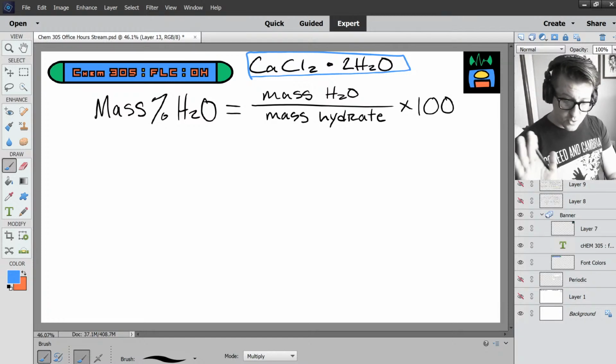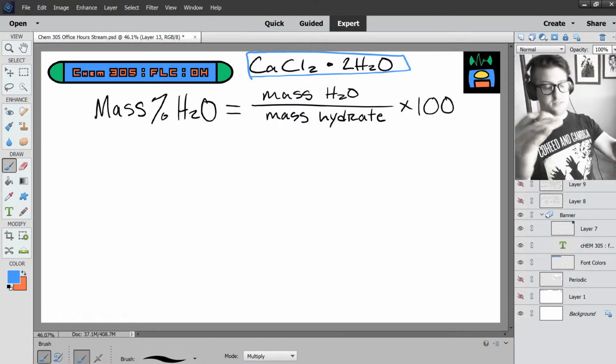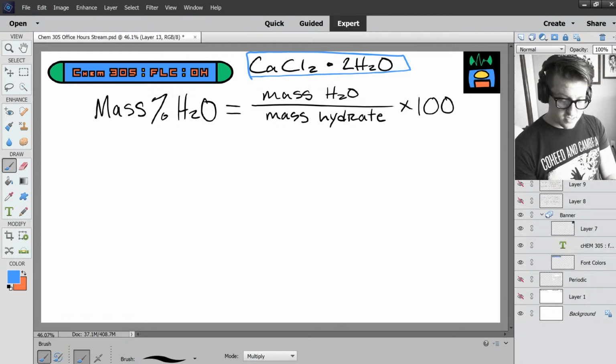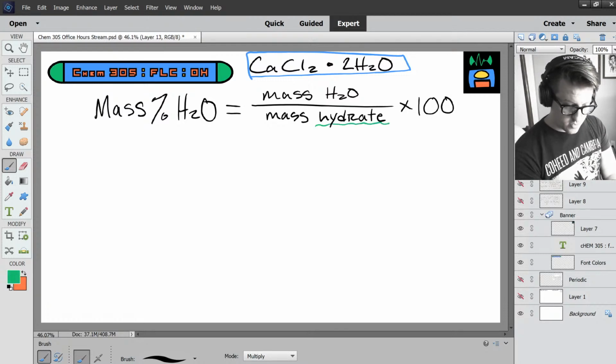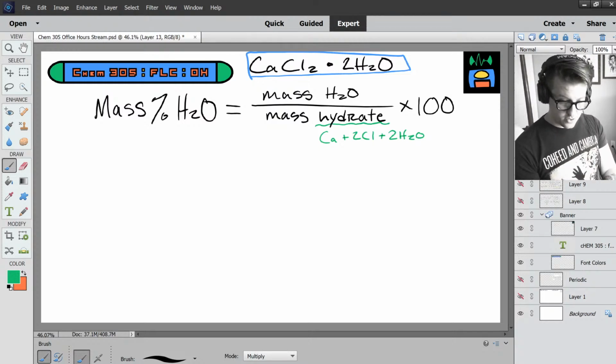Hit that up. Okay, so again, our percent mass of H2O will be the mass of water divided by the mass of the hydrate. This is, for this molecule, going to be 1 calcium plus 2 chlorines plus 2 waters. All right, so the hydrate is the whole thing. The mass is just the water.